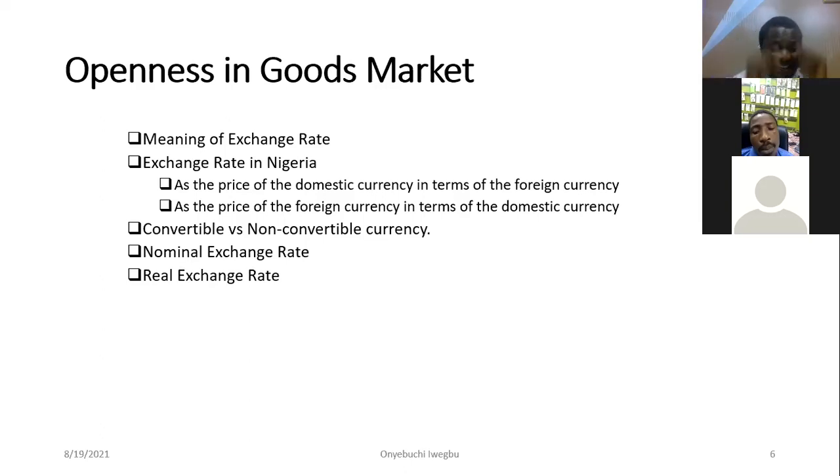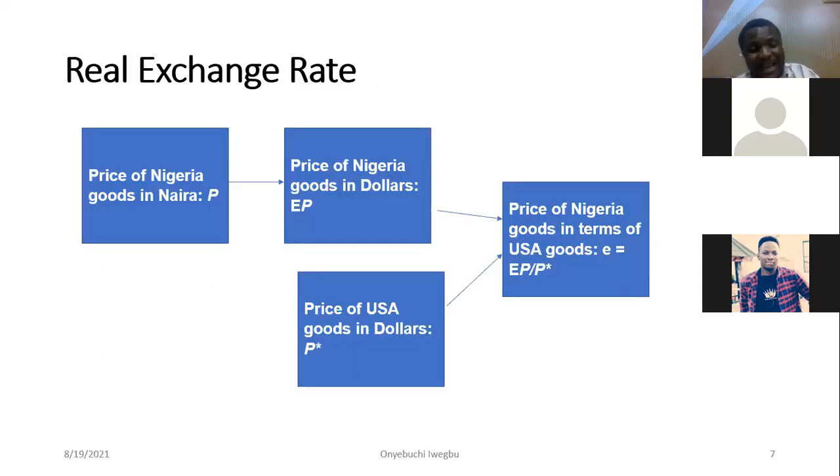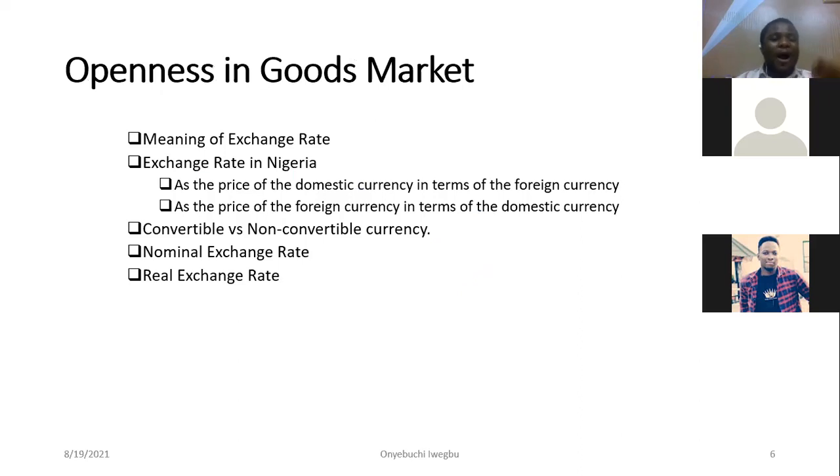If that is the case, for real exchange rate, I will be asking what is the rate at which I will exchange the price of a foreign product with respect to the price of a domestic product. So in real exchange rate, we consider goods and not just currency.